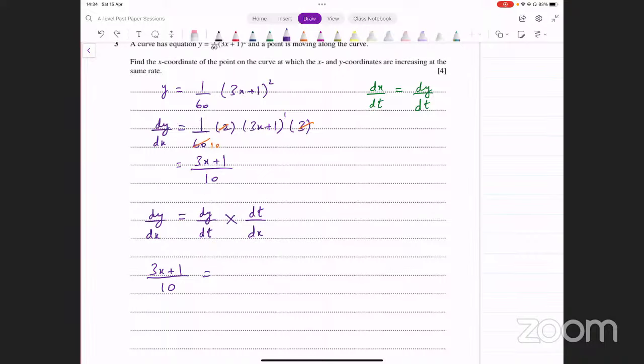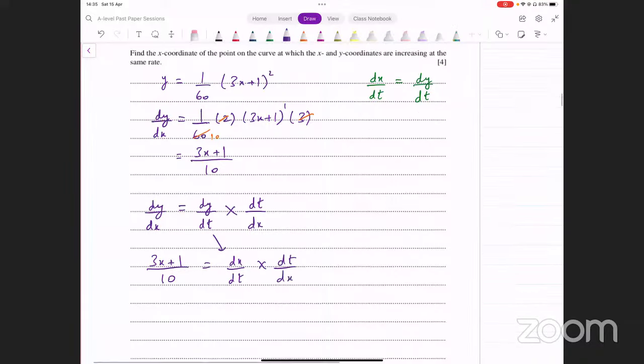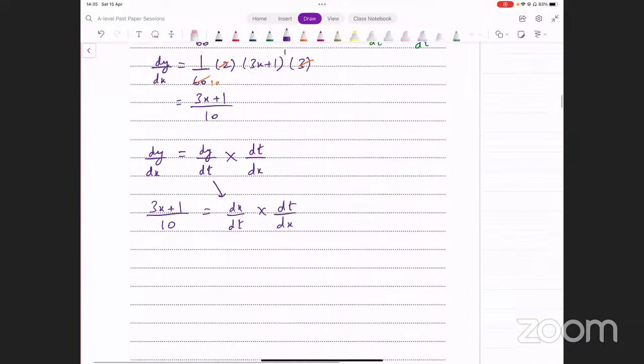If you do that, what are you left with? dy over dt की जगह dx over dt लिख सकते हैं. Right? इसकी जगह आप replace कर दें because these two are equal. What does that give you? That gives you dx over dt into dt over dx on the right side. And now all of this gets cancelled and you just get 3x plus 1 over 10 and you have 1 on the right side. Okay?